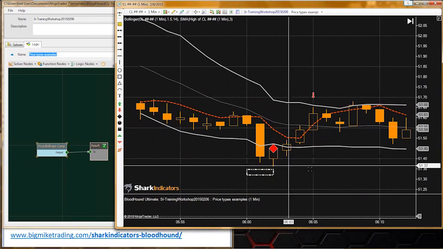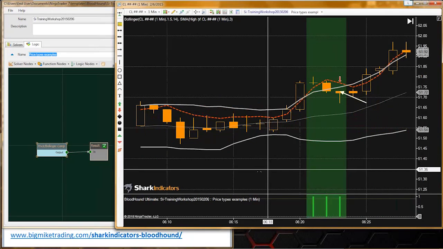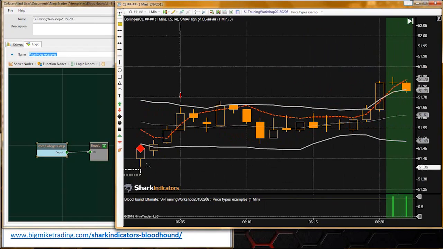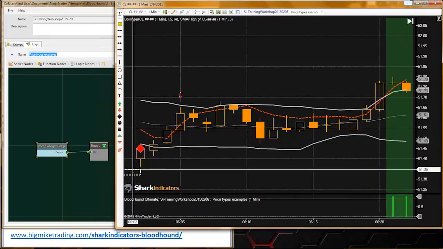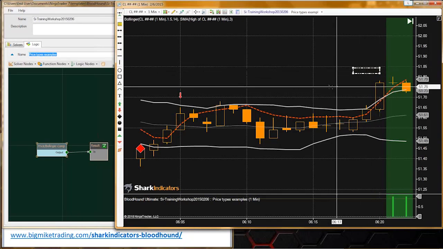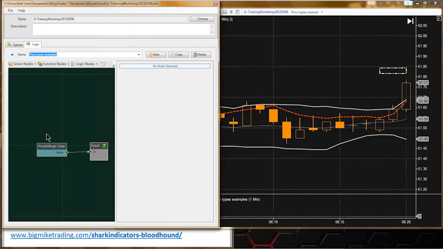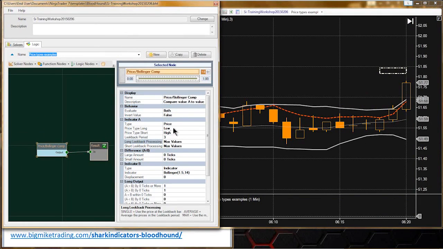So let's go find an area. Here we go. Okay, so for the long side, we're using the low price.